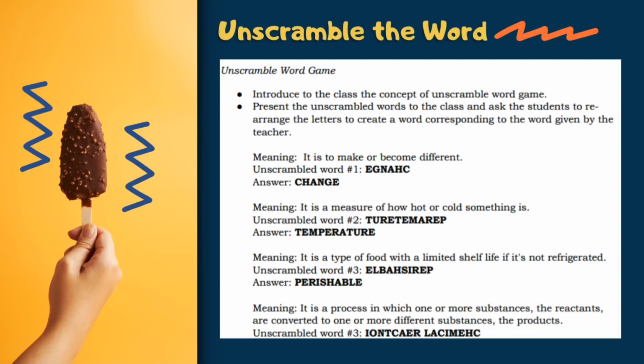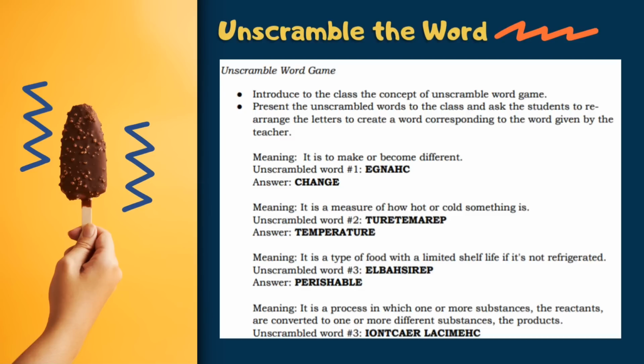We're going to talk more about that later on. And for number 3, we have perishable. It's a type of food with a limited shelf life if it's not refrigerated. So perishable means it will not last long if the food is not refrigerated. It will be spoiled.